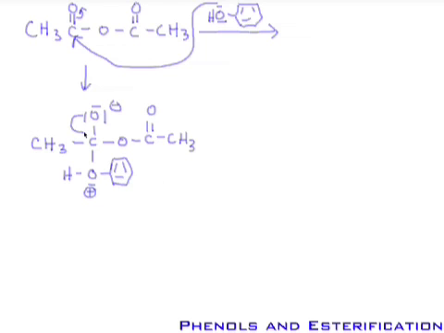Now the pi bond reforms, and you kick out acetate. And you get CH3, C double bond O, O, phenol, still has the H on it, so still a positive charge here.